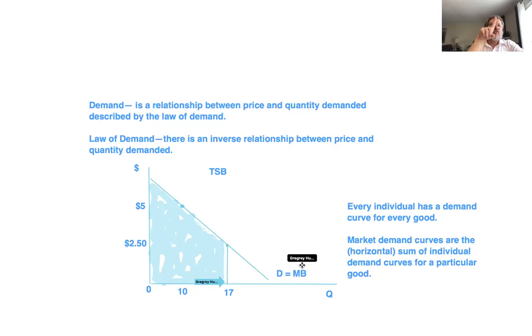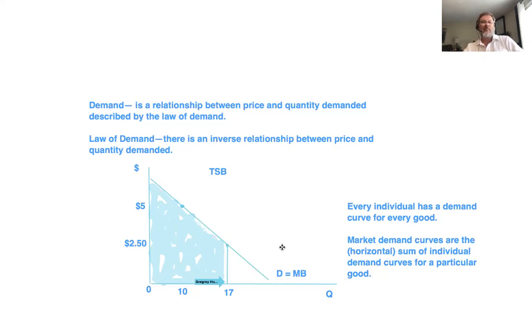But if all of these units were going to just one individual, the transition I made was that I was talking about Emily's demand for Frappuccinos, and then I talked about the market demand for Frappuccinos, because I talked about different people getting it. Well, it would still be the same analysis even if it was just one person's demand curve.